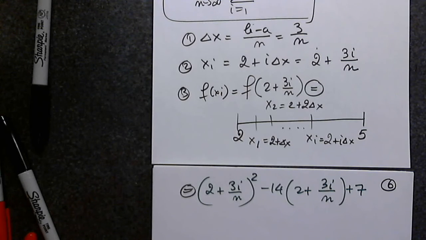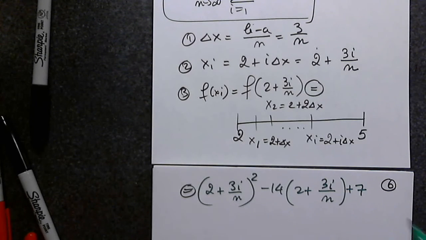Is this step clear? Because the function we picked was x squared minus 14x plus 7. So then f of xi must be 2 plus 3i over n squared minus 14 times 2 plus 3i over n plus 7. Agreed? Yes?